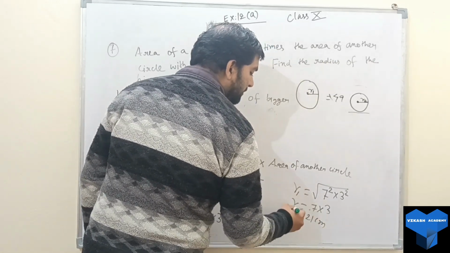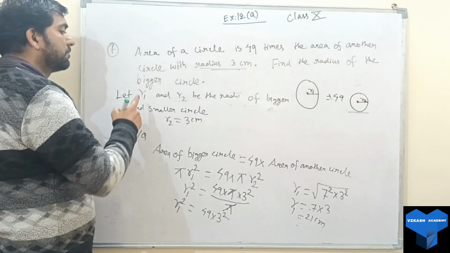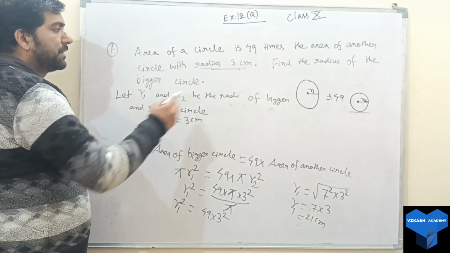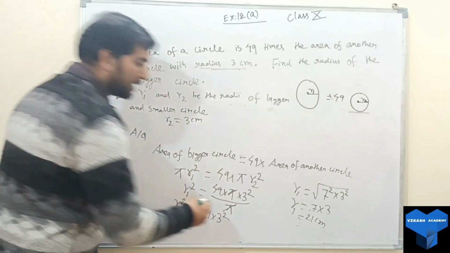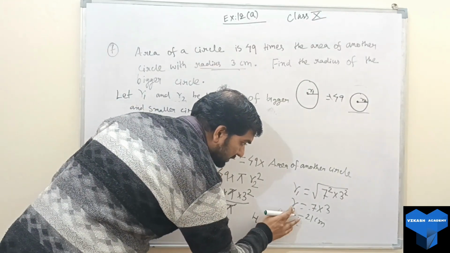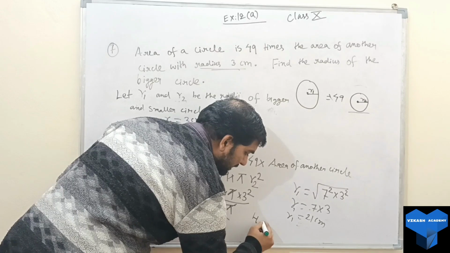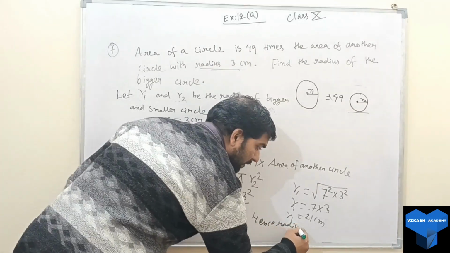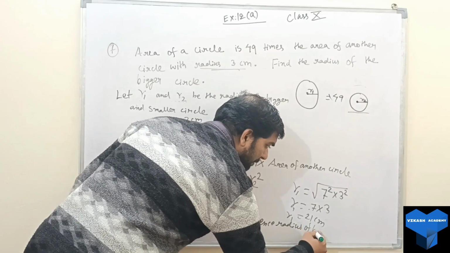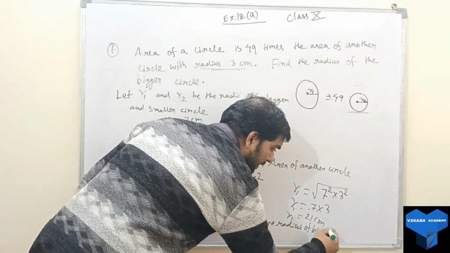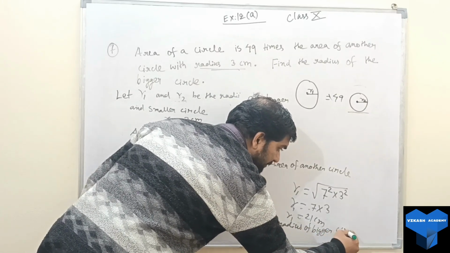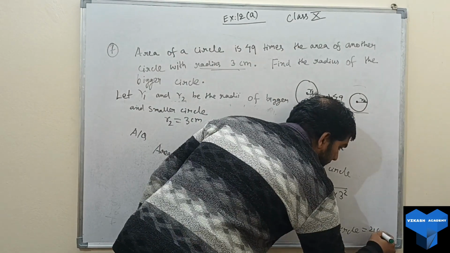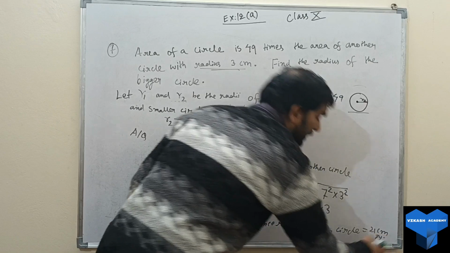So this is r1, the radius of the bigger circle. Hence the radius of the bigger circle is equal to 21 centimeter. This is our answer.